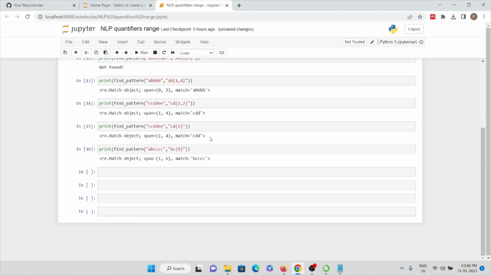But here I have not given any range. I have given only one number. So C followed by D, and it can appear exactly 2 number of times. Here B followed by C, and C can occur 4 number of times.